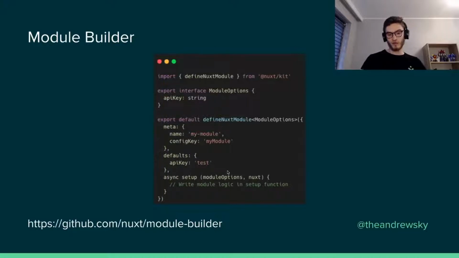By defining the config key myAwesomeModule, in nuxt.config.ts, when we define an object called myAwesomeModule, we can define the settings or the configuration for our module. Apart from meta, we can also define default options, the default configuration. So what happens when a user doesn't provide us any configuration?